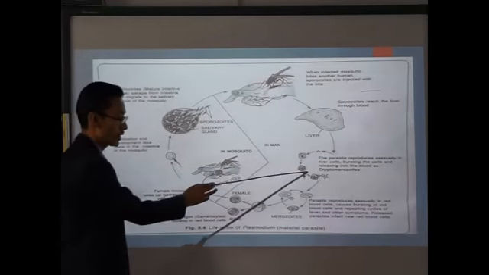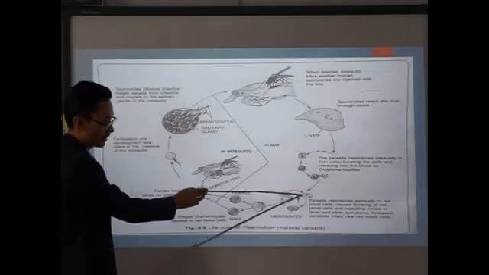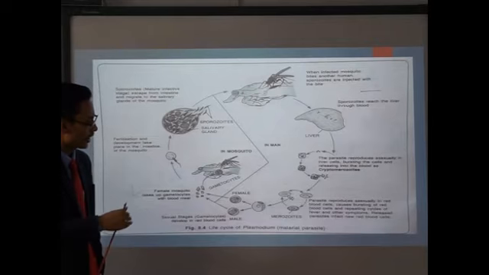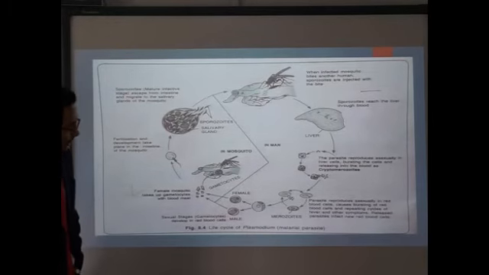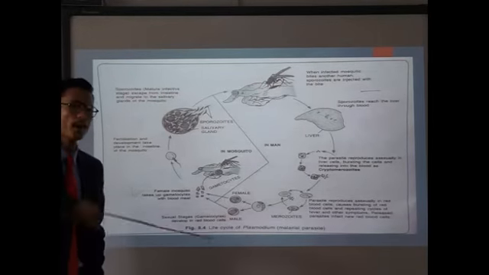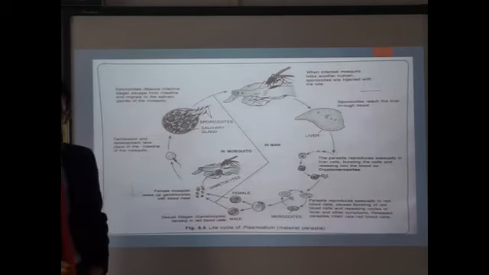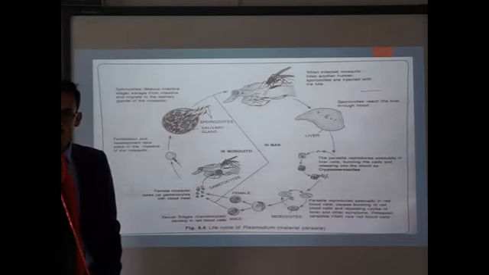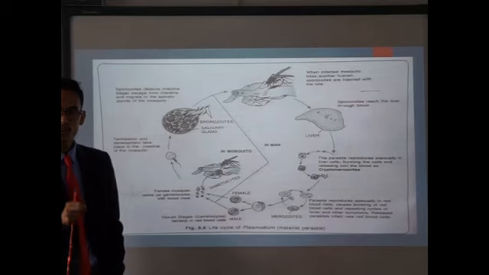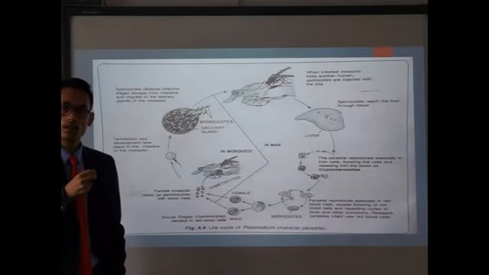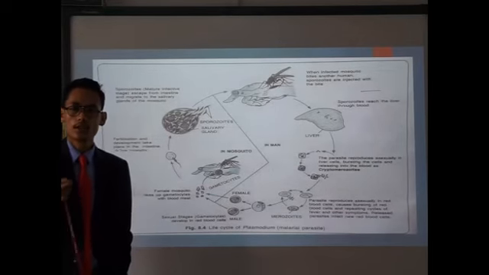Clear? So cryptomerozoites will enter the red blood cells and infect them, where they will again reproduce asexually, and it will infect more and more red blood cells, and what is formed is called merozoites. Now, the red blood cells which are infected by those merozoites, when they rupture, the rupture of RBC will release a chemical called hemozoin.